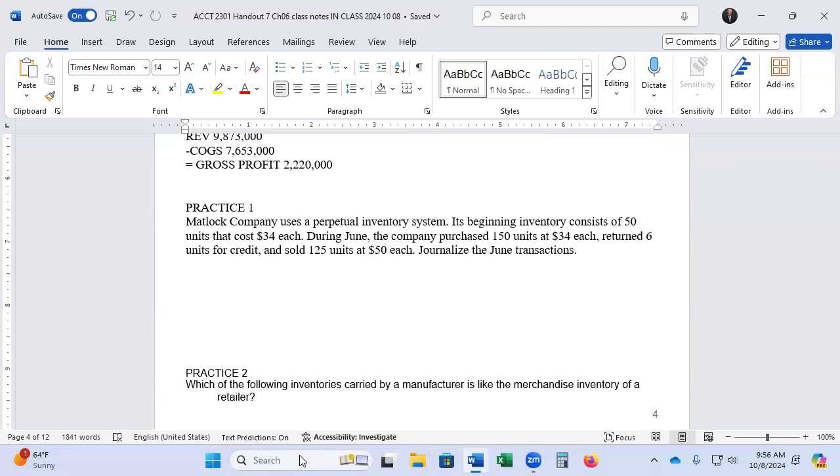Okay, now you guys have a practice one to try. If you have any question on the notes so far, or you have a question on this one, just give me a little wave and I'll come over and help.